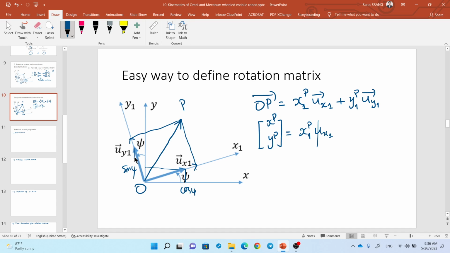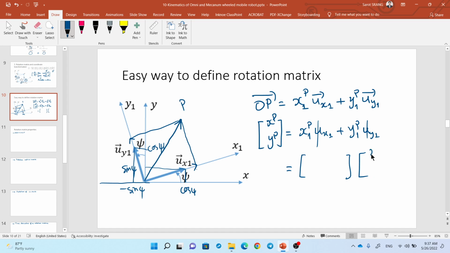And this vector UY1 also has coordinates on the global frame, minus sine psi, cosine psi, right? So this is a column vector plus Y1P times UY1. This is a column vector. So you rewrite this in the algebraic form.